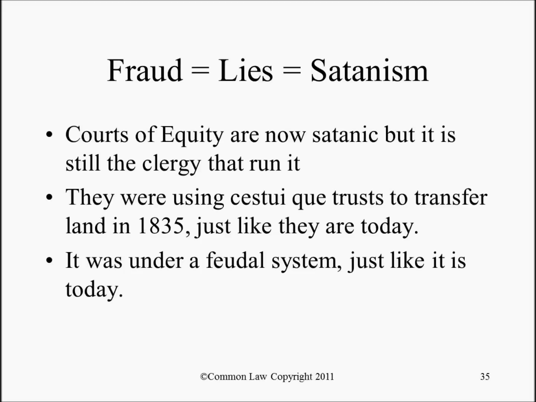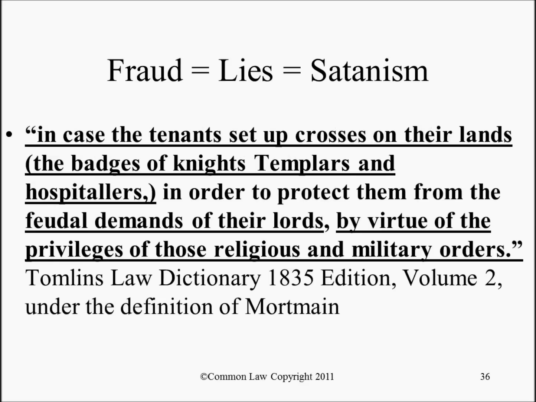It was under a feudal system, just like it is today. In the case, the tenants set up crosses upon their land, and those are the badges of the Knights Templars and Hospitallers, in order to protect them from the feudal demands of their lord by virtue of the privileges of those religious and military orders, okay? Again, that's the same stuff under the definition of Mortmain in Tomlin's Law Dictionary, 1835.